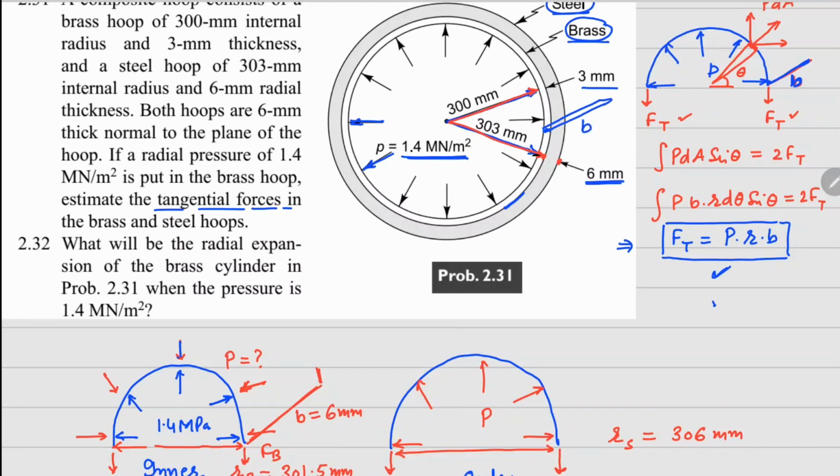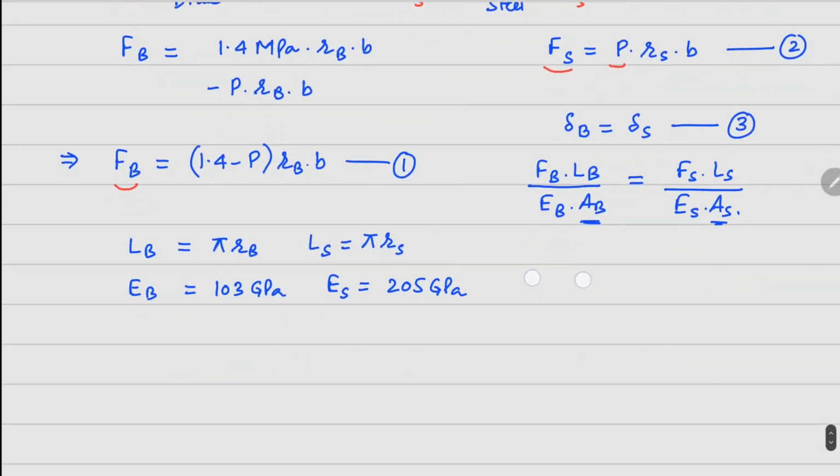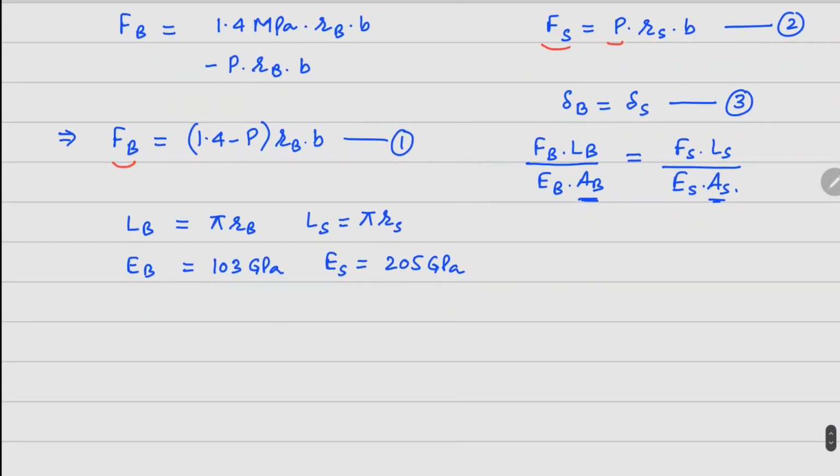So outside the plane we have B, and this thickness will also come into picture. So thickness for brass is 3, thickness for steel is 6 mm, and both of them will be multiplied by that out of plane thickness. So your area for brass is going to be 3 mm thickness times 6 mm outside the plane, and similarly for steel it's going to be 6 mm thickness and 6 mm outside the plane.